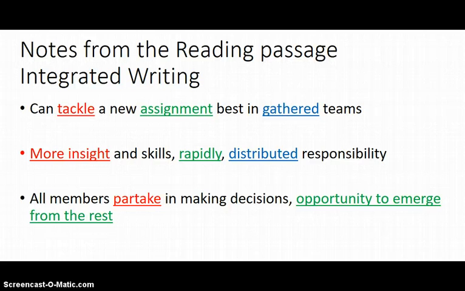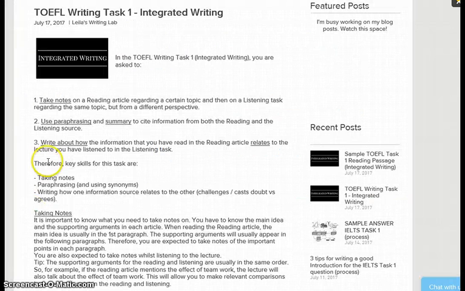We gave each keyword a synonym, or if it was more than one word, we paraphrased, and basically it's just playing with the vocabulary that you already have and substituting what is in the text with your own vocabulary. So we've taken these notes down. Now the next step in answering this question is that we will need to listen to the recording, which is usually in the form of a lecture.